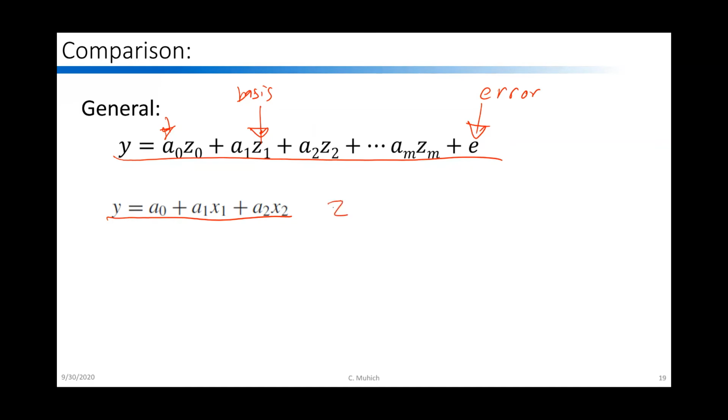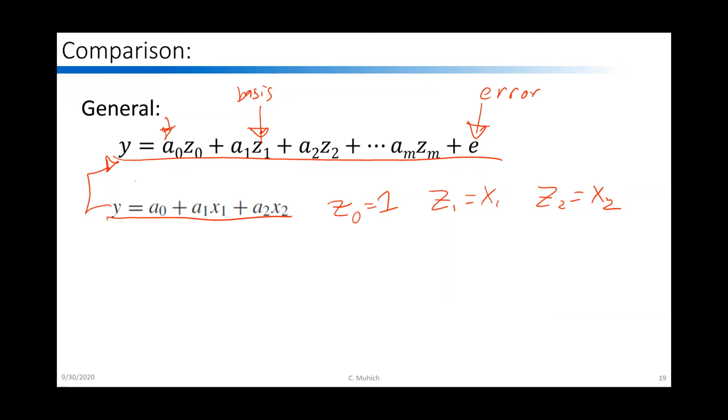In this case, if I want to take this equation and turn it into that general form, my first z is a 1, my second basis function is my x1s, and my third basis function is my x2s.